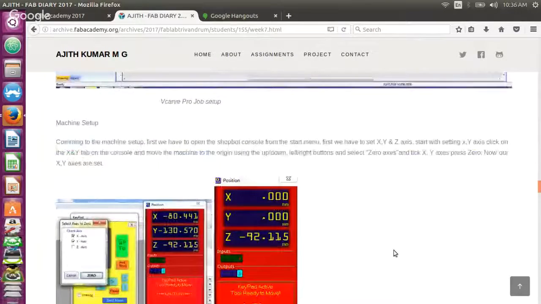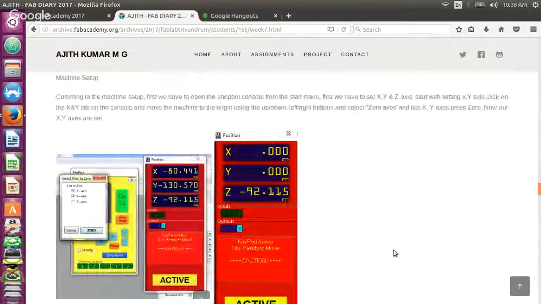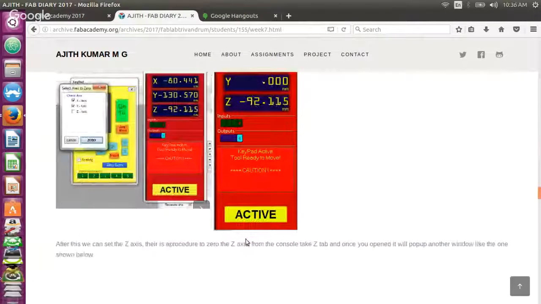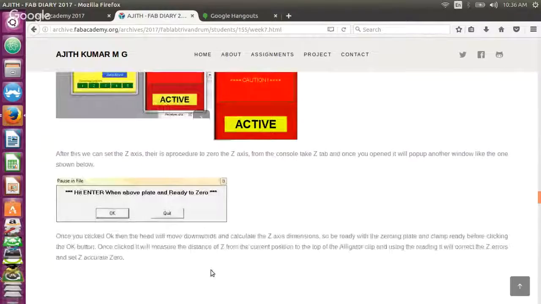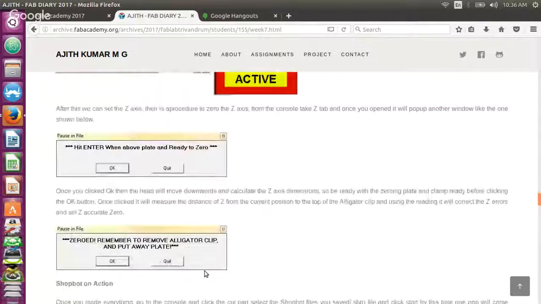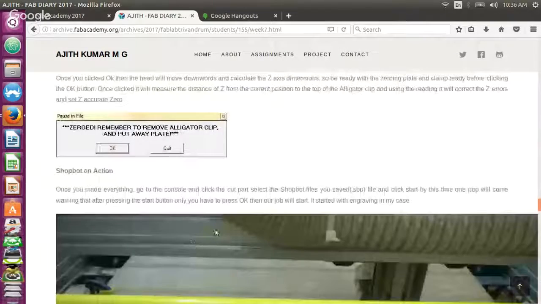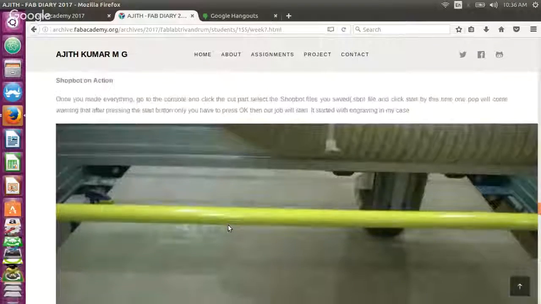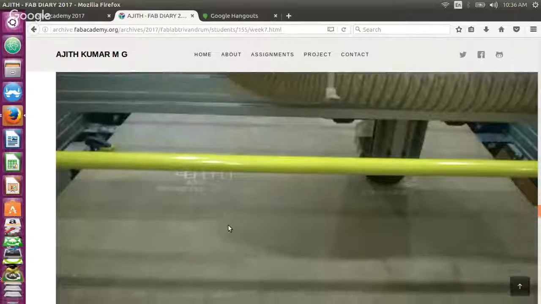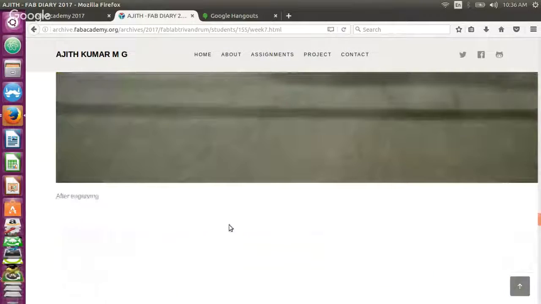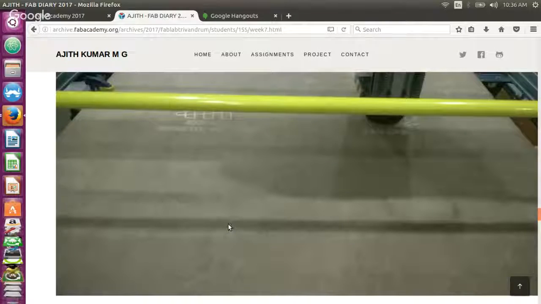These are the machine setups: X Y axis zero and Z axis settings. Then we started engraving. In the two side plates, I engraved on one side our startup mission logo and on the other side the Fab Lab Kerala logo.